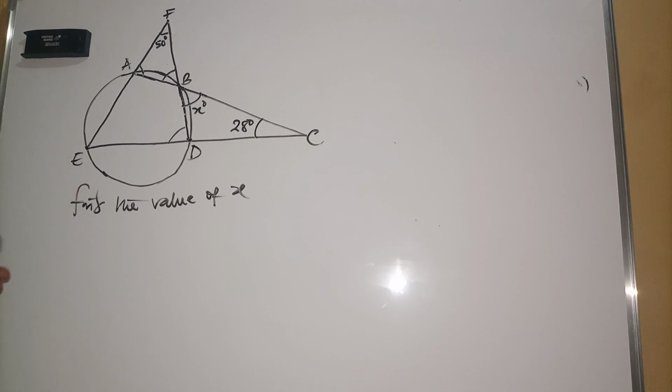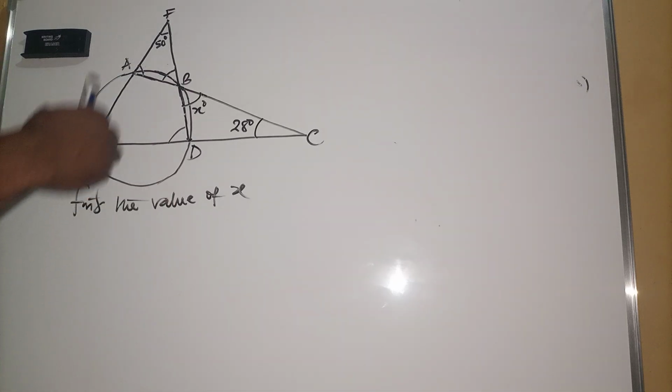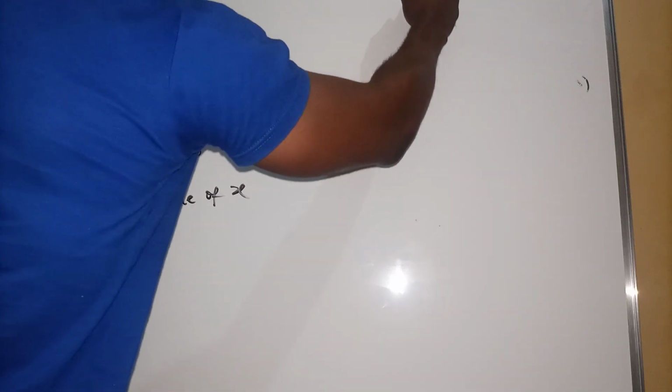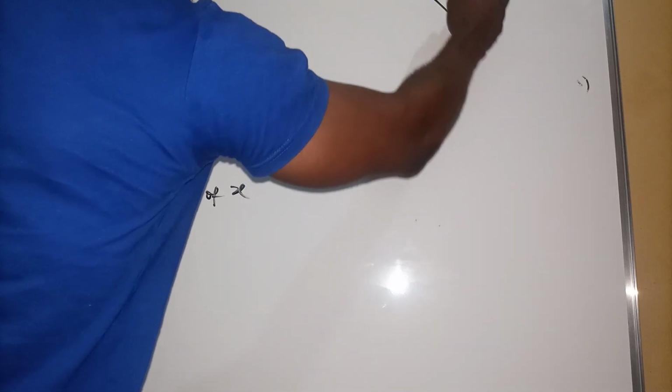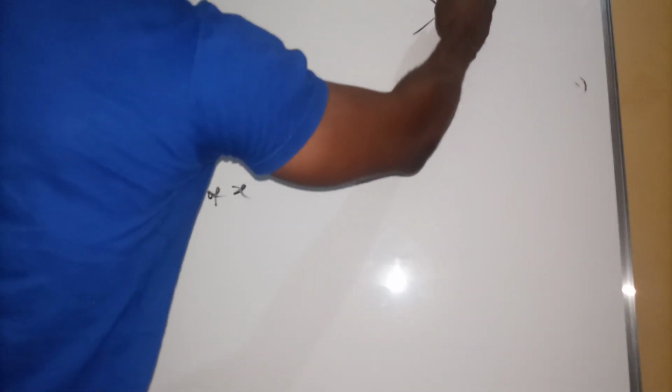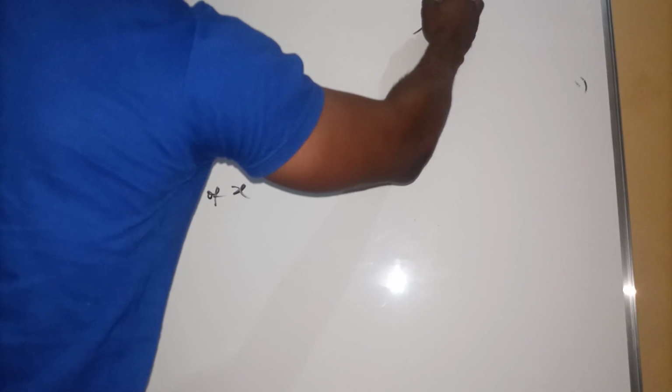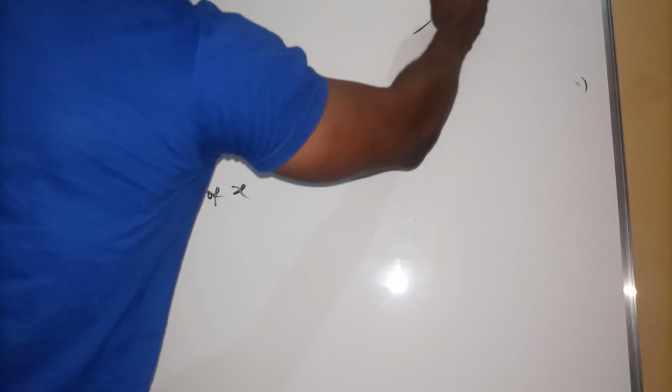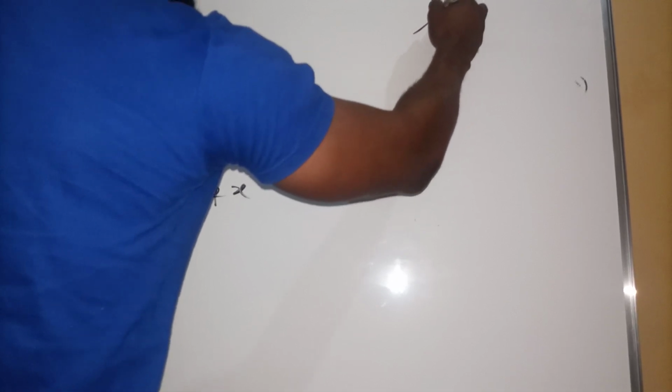The first one has to do with basic geometry we know. We have two lines like this, a line like this and a line like this. We say this angle is vertically opposite to this angle, and this one is vertically opposite to this.